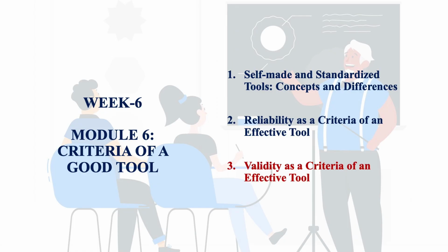In this lesson we will discuss validity as a criteria of an effective tool: the concept of validity, how it is different from reliability, and how reliability and validity are related to each other. Further, we will discuss the different methods and techniques used for determining the validity of a test.